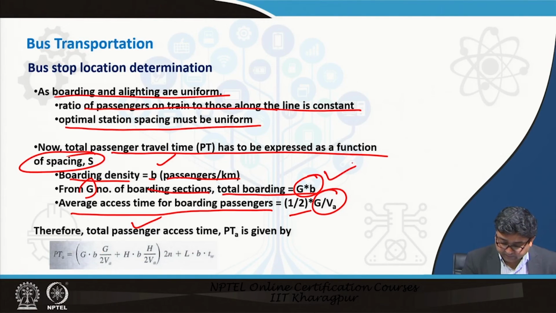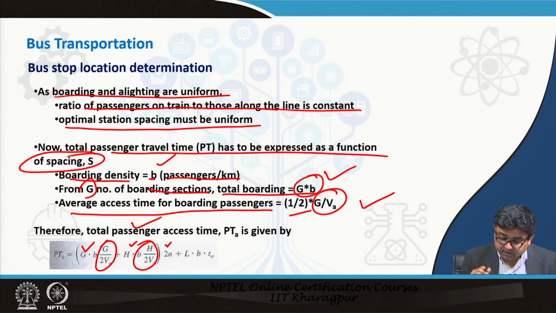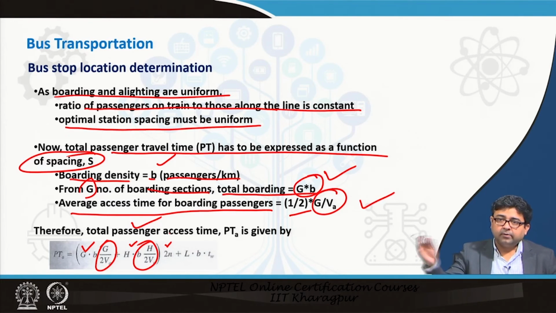If you already know that this many people are boarding from G stations, there will be that many people also boarding from H sections, right, and you already know the average access speed for those sections. You multiply it by 2, because just like I said, you also have another set of M sections, M and M plus 1, where you alight. So, the similar thing is going to happen there.